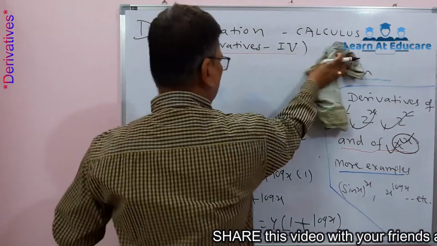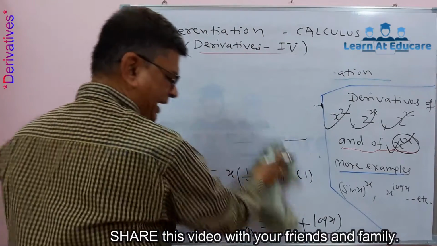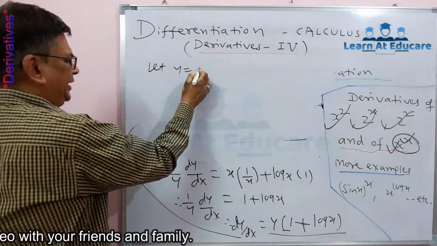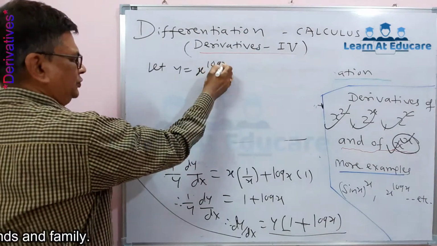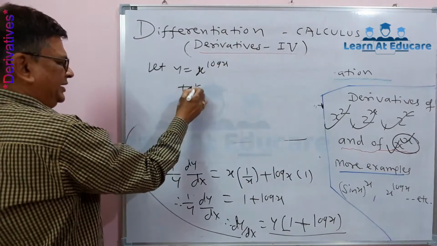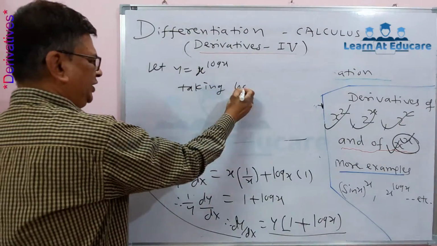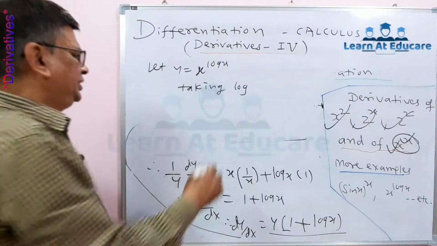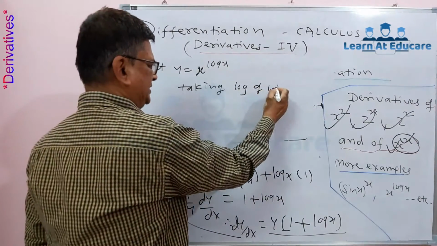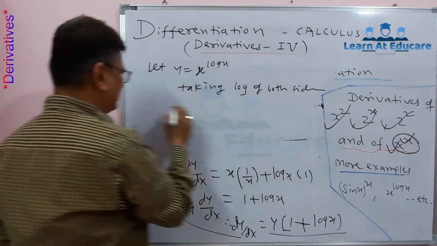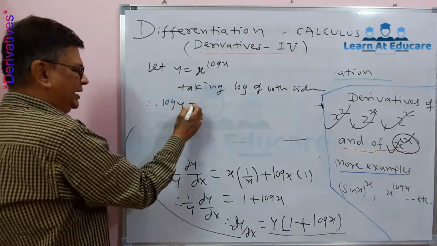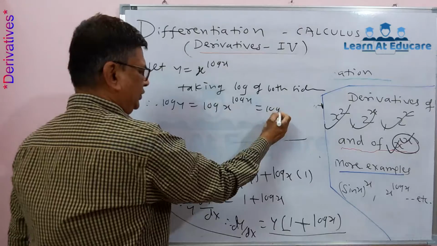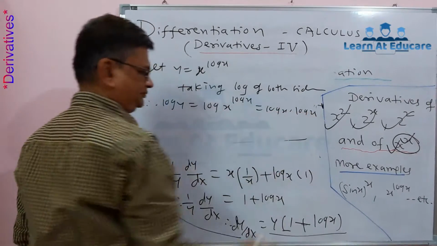Suppose we want the derivative of x raised to log x. So let y equal to x raised to log x. Here also no direct derivative is possible. Here also we use logarithmic differentiation. For that purpose, taking log of both sides, you get LHS log y, RHS log of x raised to log x, means it is log x into log x.